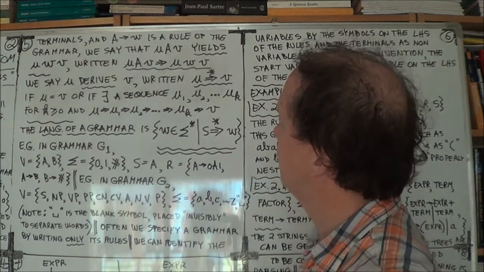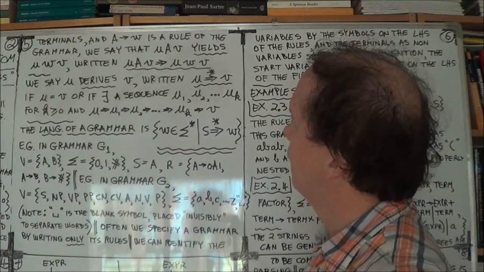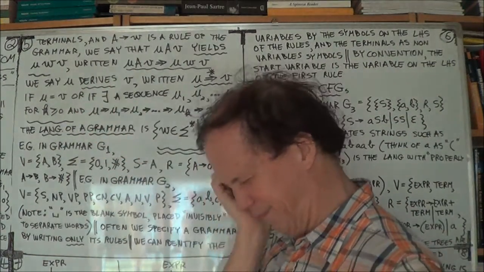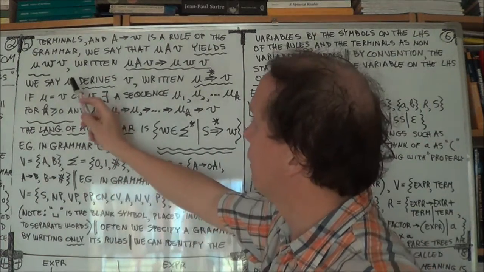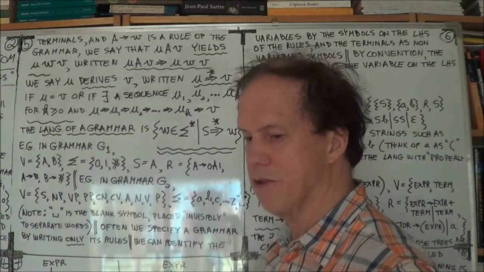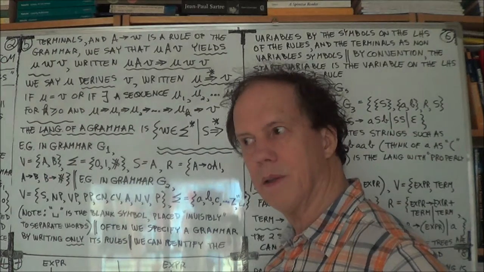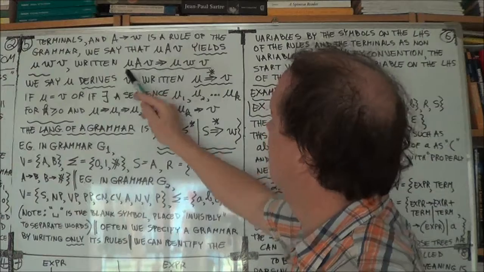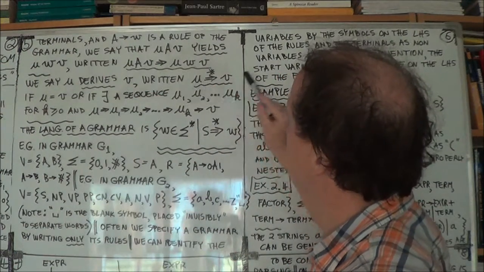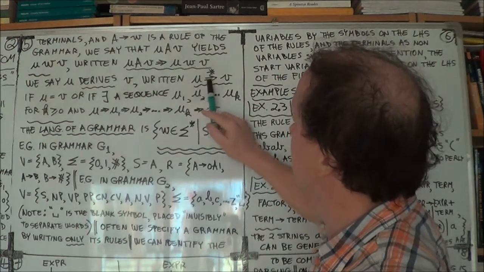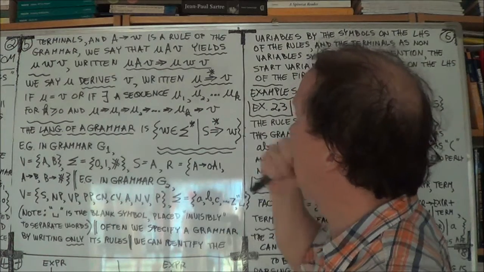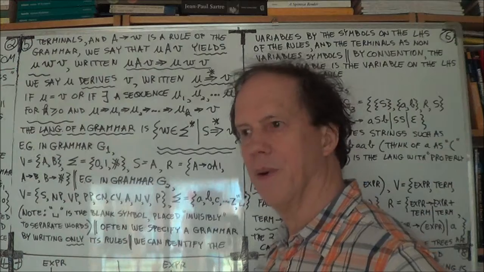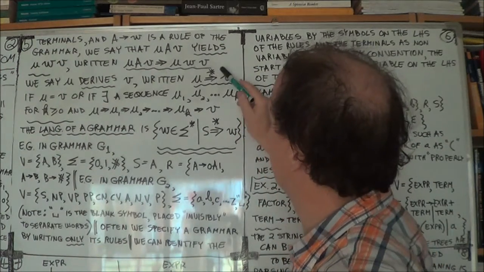Now you can say a string, typically a mixed string, a mixture of terminals and variables, derives V, and you can write that this way, with a star.